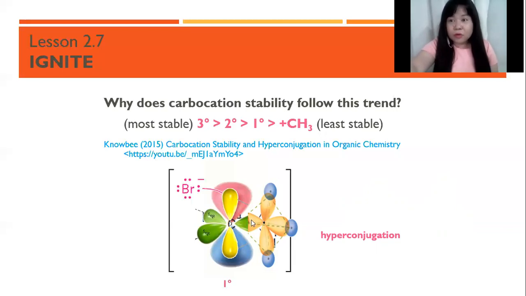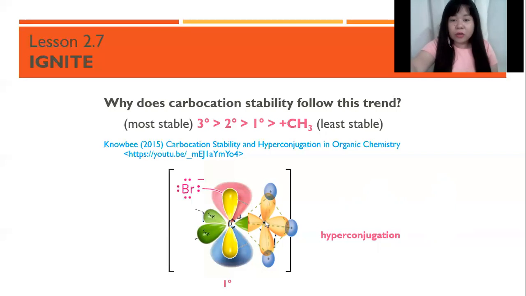Therefore, while it rotates, there will be a point where this p orbital becomes parallel with one lobe of an sp3 orbital. Now, if they are oriented parallel to each other, they may form a sideways overlap and share electrons. Therefore, this emptiness being felt by the empty p orbital may be relieved by its sideways overlap with an sp3 hybrid orbital from the other carbon.